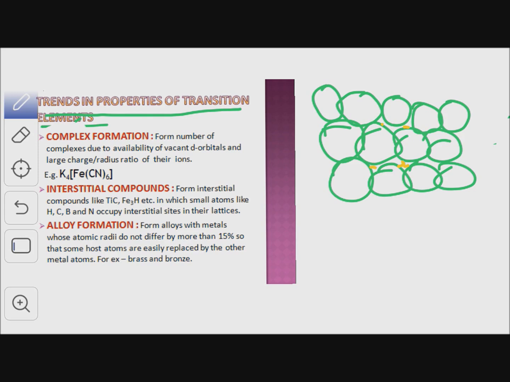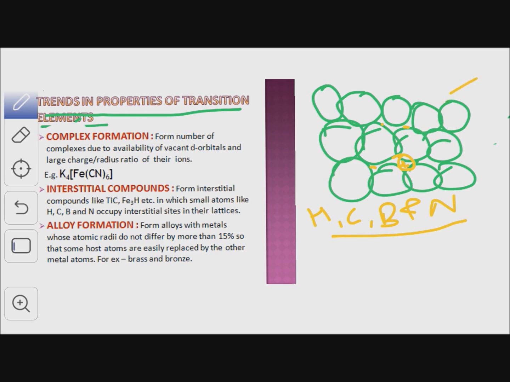And the small atoms like hydrogen, carbon, boron, and nitrogen occupy these interstitial sites and form the interstitial compound.